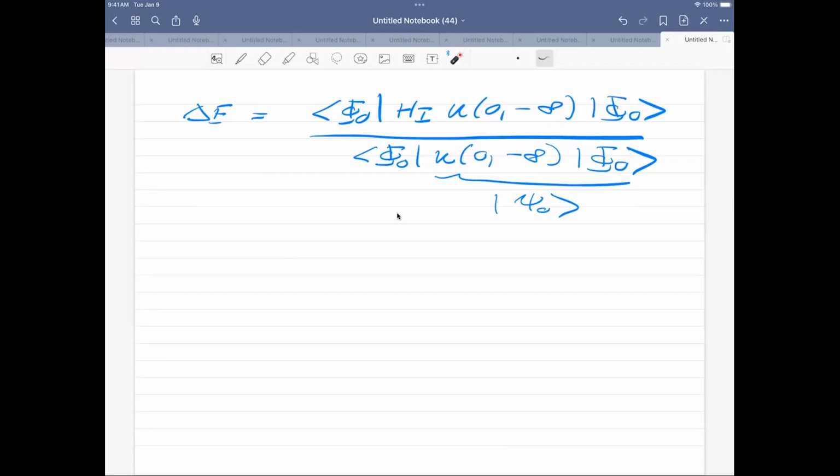What we can see when we set up these equations is that order by order in the interaction, this is going to agree with standard Rayleigh-Schrödinger perturbation theory. So this is just another way of expressing Rayleigh-Schrödinger perturbation theory. And let's take a look at that.